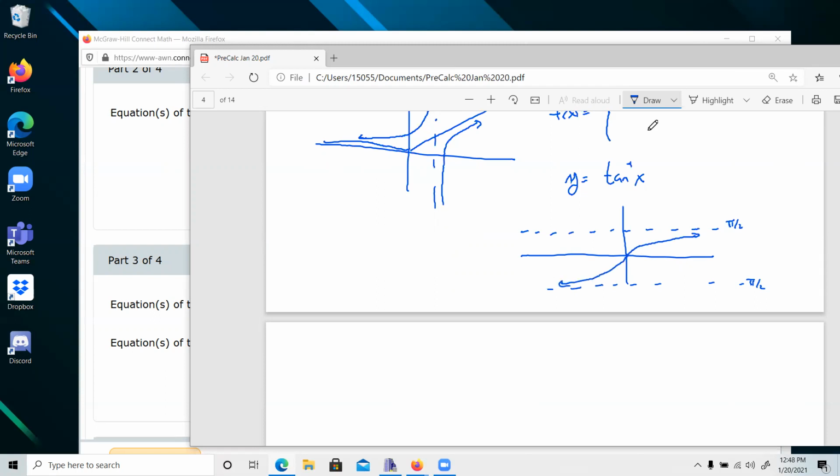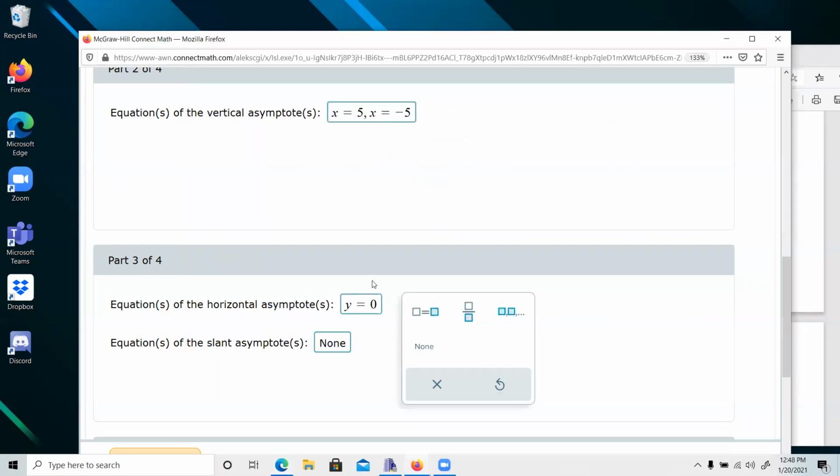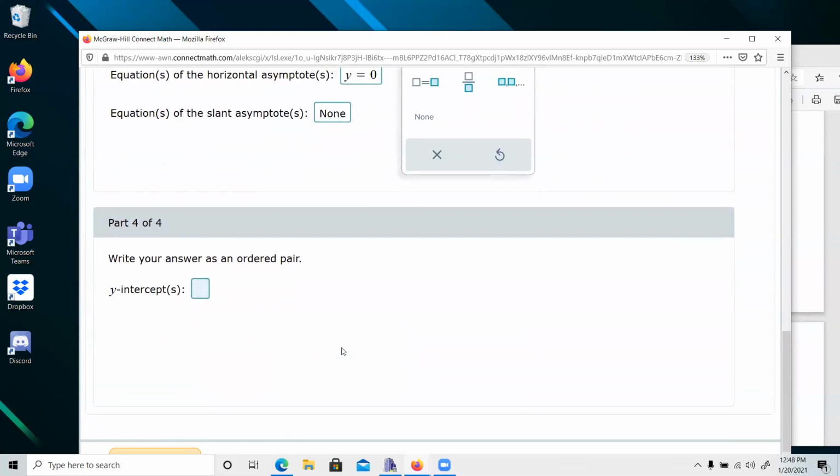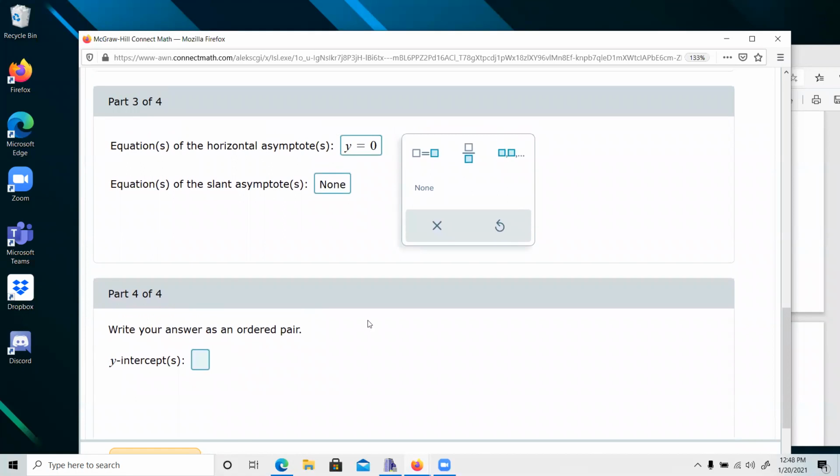This is a very common function in calculus. But that's the only function that has two different horizontal asymptotes that you ever have to worry about. So this is also not a rational function. This is trigonometric. So in your book, the only thing you ever have to worry about is that it's either horizontal or it's oblique. They do not cross over. So you're not having to go through and do that.